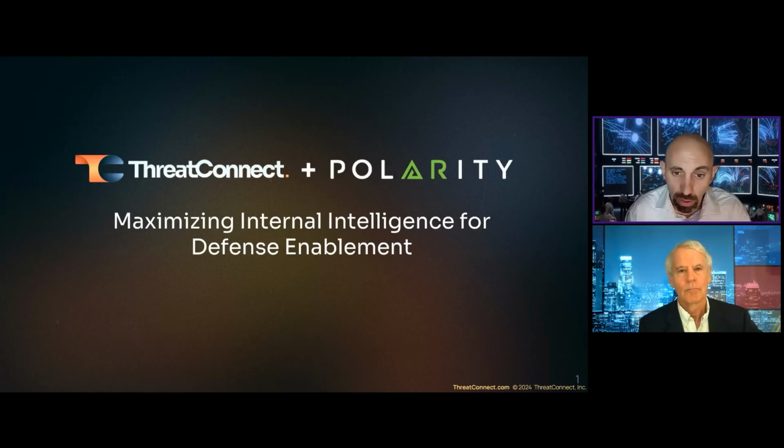The second product is a risk quantification product called RQ. So in this sense, we're trying to actually put dollar amounts and help with prioritization of various controls and vulnerabilities, patch levels, et cetera. And then the third product, which we're going to talk about today, is Polarity. So this helps with the dissemination side of the intelligence lifecycle, getting data to the analysts at the time they need it.